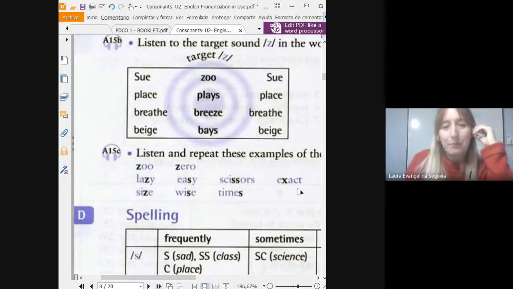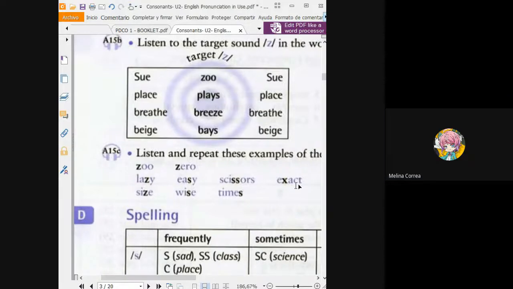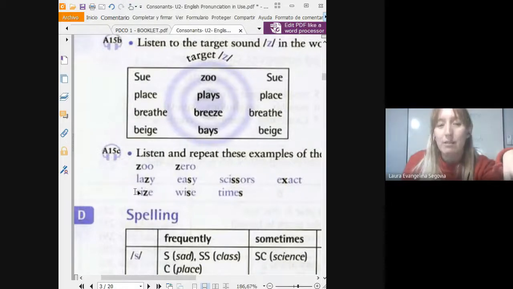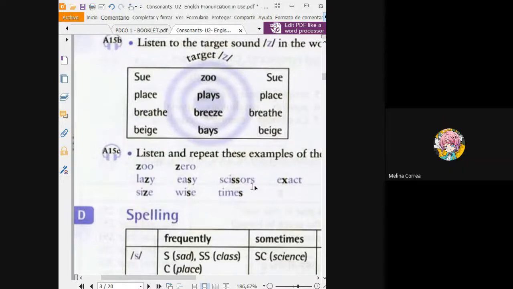Meli, come on. These four. Start by size here, and then you go backwards. Size. Exact. Scissors. Easy.